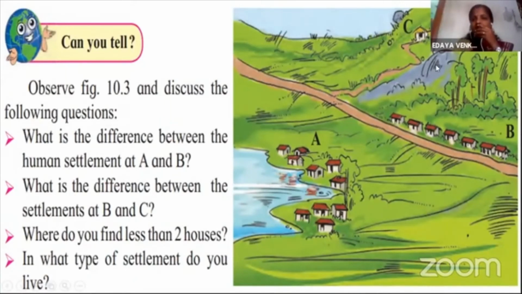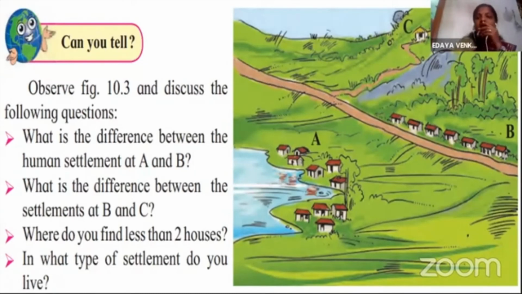Now, what is the difference between the settlement B and C? In which settlement are the houses more? You see, there is only one house. That means a tribal hamlet, and they are more in rural settlement. Exactly. Means they can live in society.